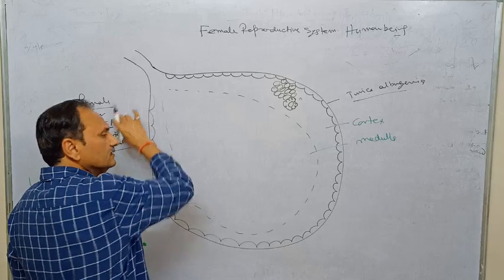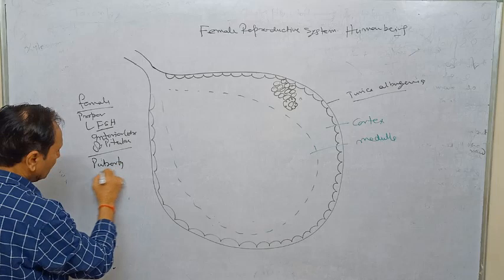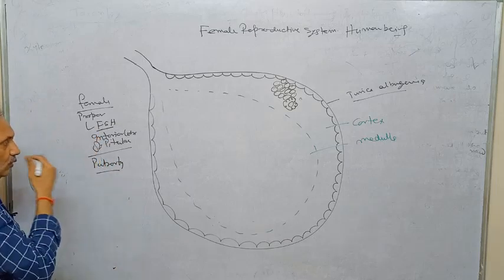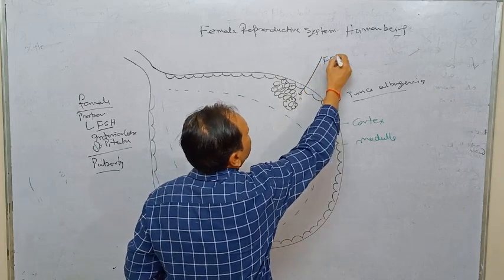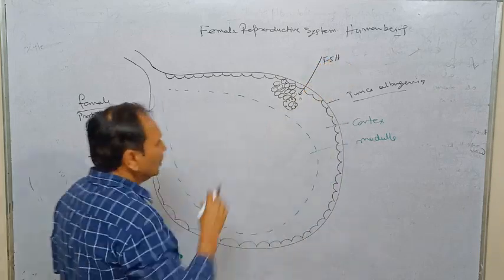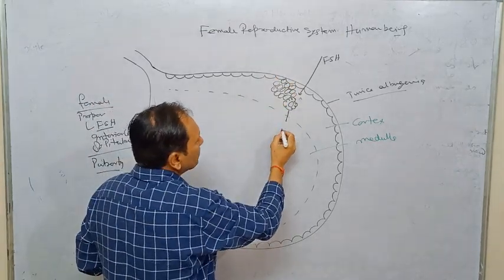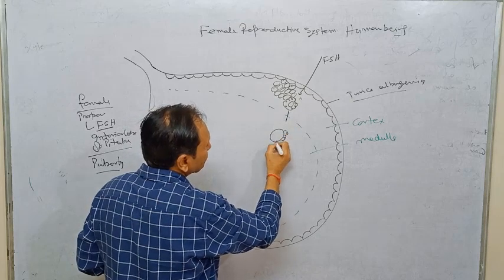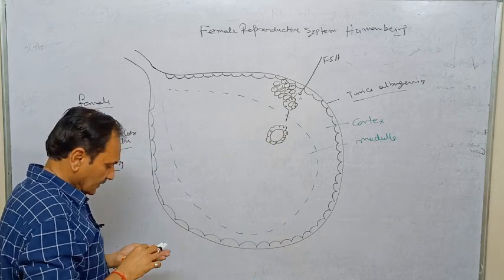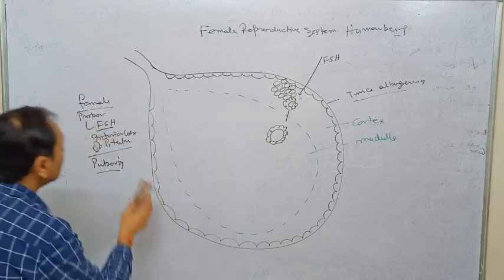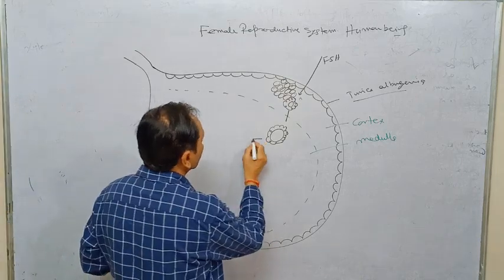After getting the secretion, and this age is called the age of puberty, whenever the anterior lobe of the pituitary releases FSH, one of the oldest Graafian follicles will start to mature. And gradually it releases estrogen also.